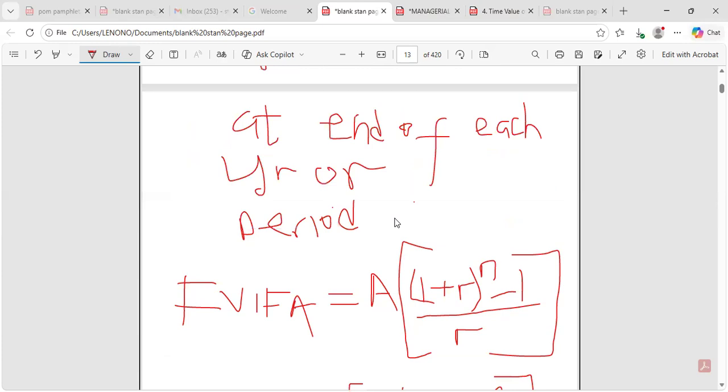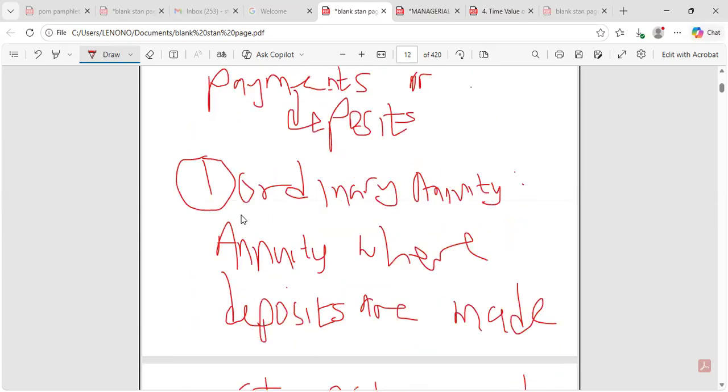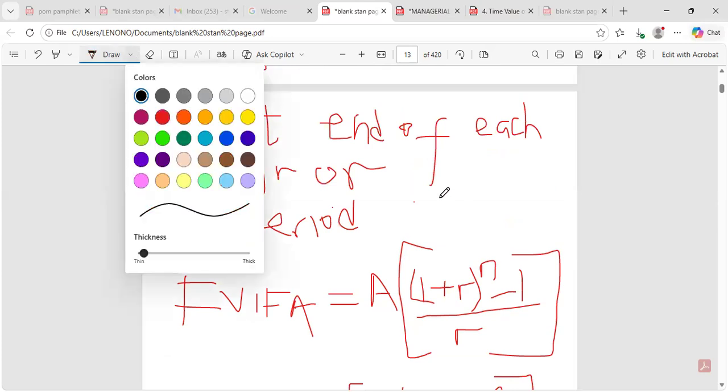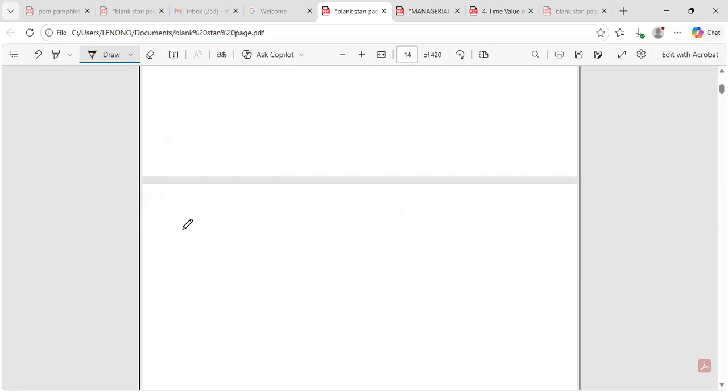Then we have the second annuity, which is called annuity due.